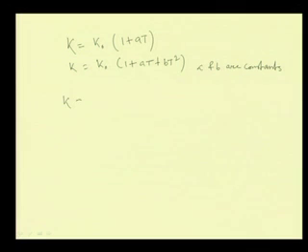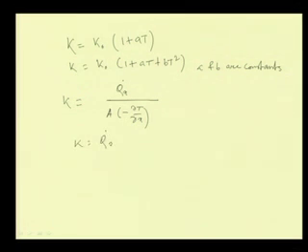We can write K as Q dot X by area into minus del T by del X. Now, when the area is equal to 1 and del T by del X equal to 1, then K is equal to Q dot X. What does it mean?